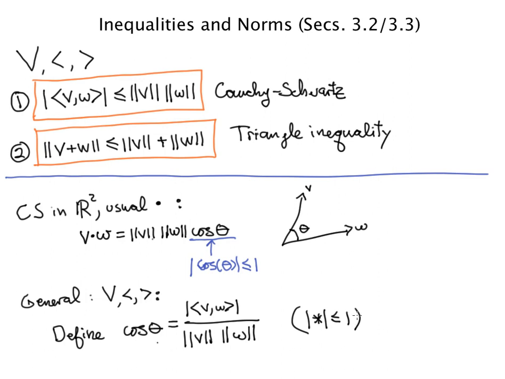So it makes sense to call that the cosine, or if you prefer, you define the angle to be the inverse cosine, or arc cosine, of that right-hand side, and that's well defined because the number is less than or equal to 1 in absolute value.